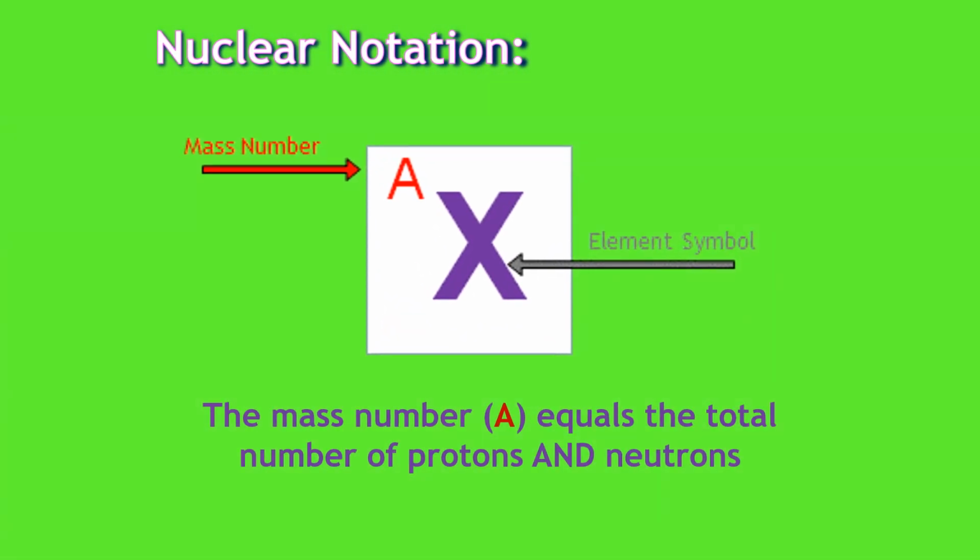We'll put the mass number, the A number, on top. We'll put the atomic number, the Z number, on the bottom.